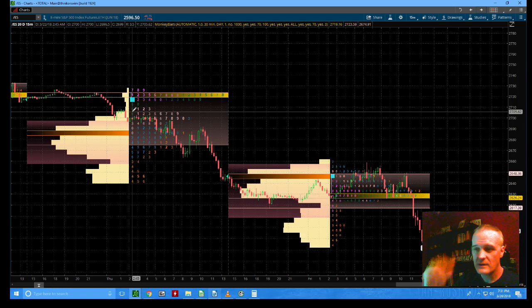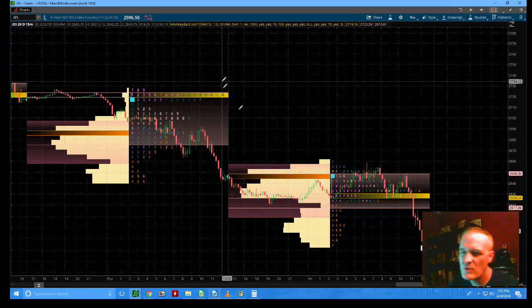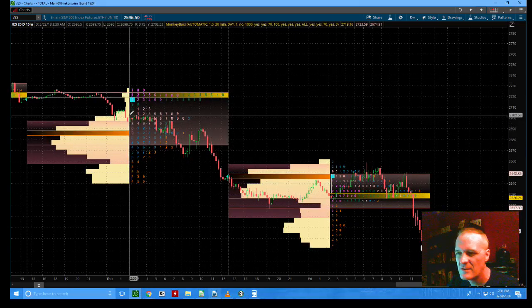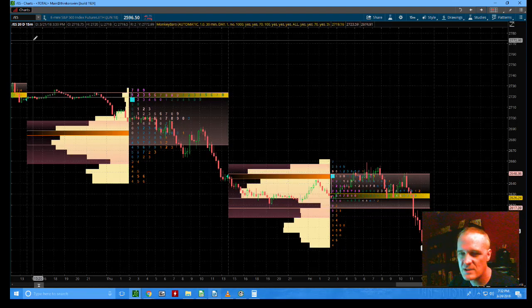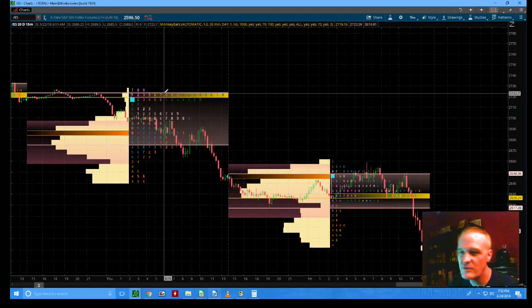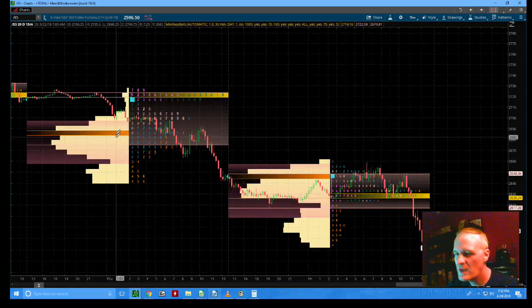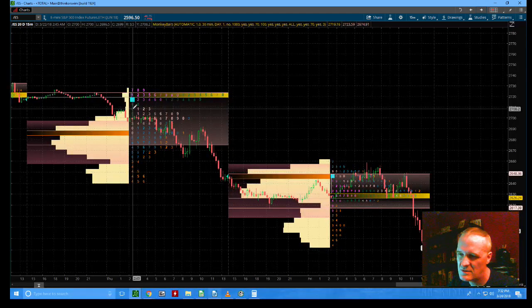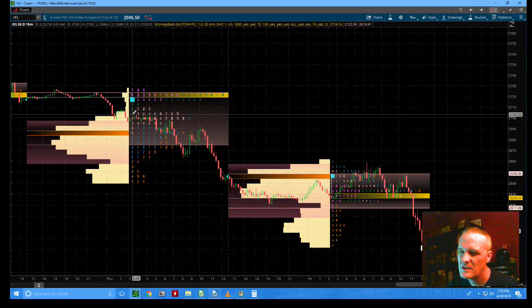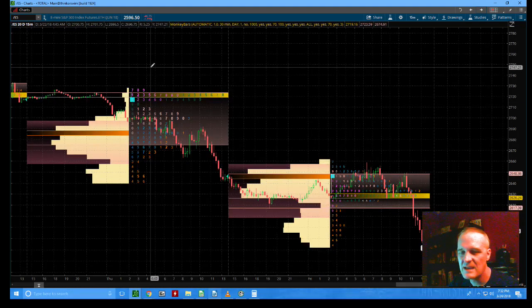Then it moves on to 1, to 2, to 3, and so on. So you know that this particular contract, which is the S&P mini futures, traded at this price level, this price level, and this price level in the 0 period. Okay, if that makes any sense. But again, it's a time period.